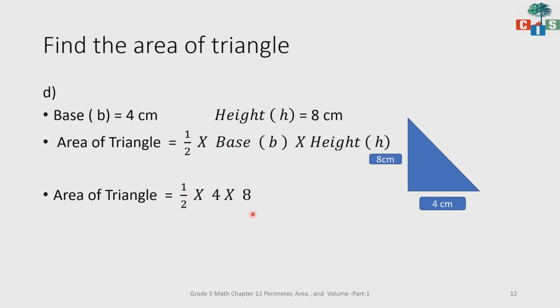So 4 eights are 32. Now we'll divide 32 by 2. When I divide 32 by 2, I will get the answer, or quotient, as 16. So our answer will be 16 square centimeter. So the area of this given triangle is 16 square centimeter.